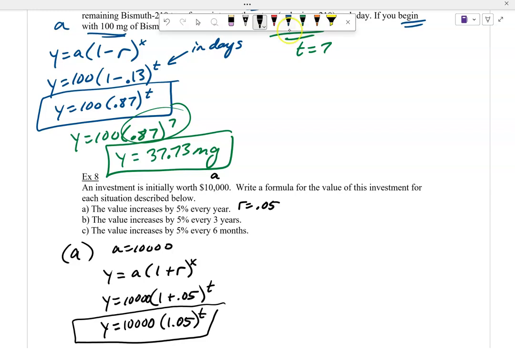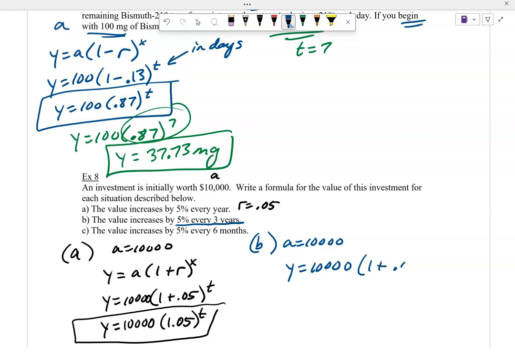Part B. We still have starting with 10,000 bucks, but it's 5% every 3 years. So that's a little different if your time is in years.